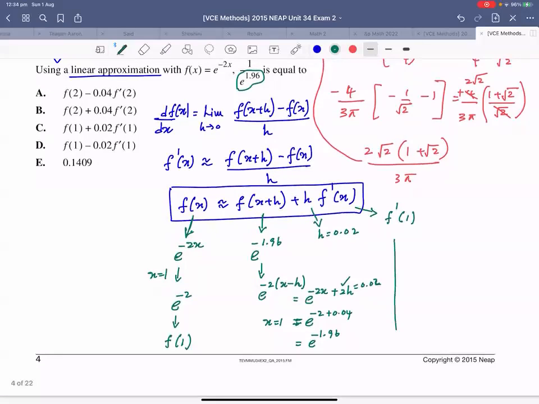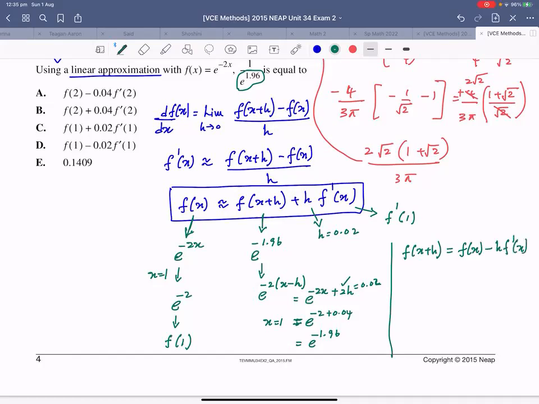So now from here, you get e to the minus 2. So your h is now minus. Let me reduce the confusion here. What I'm saying is, you rearrange it like this: f of x plus h is equal to f of x minus h f dash x.